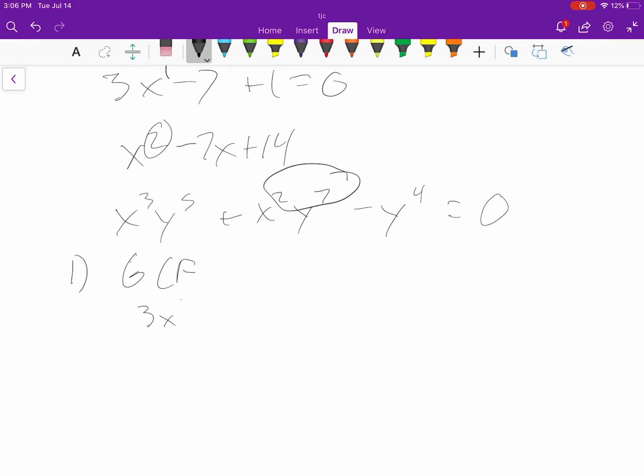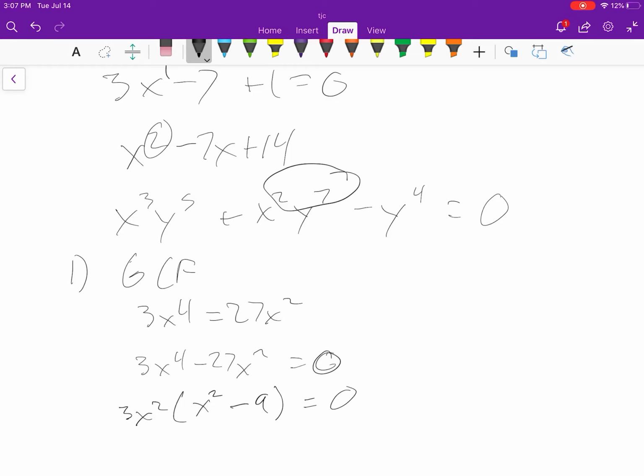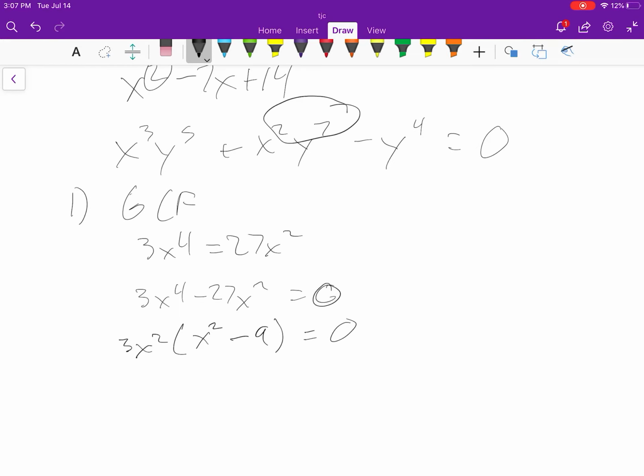GCF is any type of equation that kind of looks like this. You're going to move the 27x squared to the other side. You have this, and you notice there's a GCF that you can factor out. You're going to factor out the largest GCF possible. Largest is going to be 3x squared. That'll then leave you with x squared minus 9 equals 0.